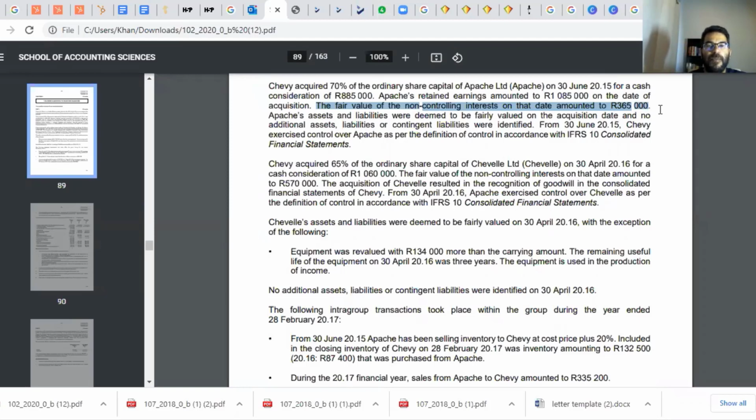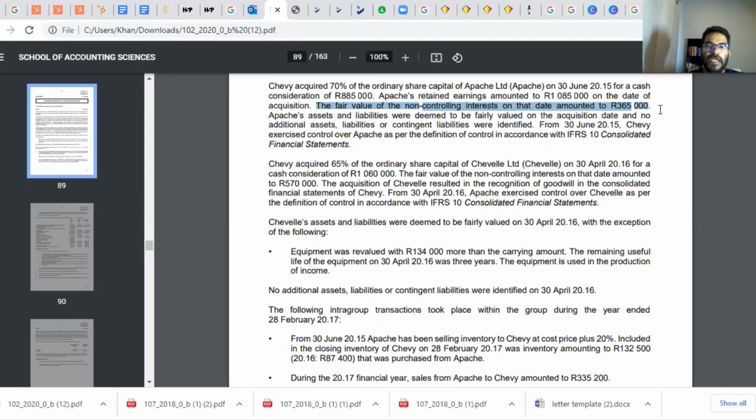Number two, at their proportionate share of the net identifiable assets, or their proportionate share of the fair value of the net identifiable assets. When they tell you this fair value, it may indicate, but to confirm, you need to read the policies right at the bottom. Don't just assume, just confirm. Because they can give you the fair value, but the policy could say that they're using the proportionate share. So just take note of that.